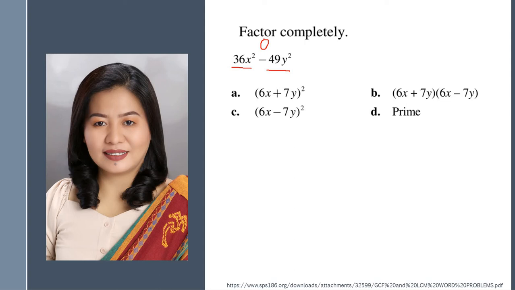So we are sure that A will not give us a 0 middle term because it's a difference of two terms. Letter C is also a square of a binomial.